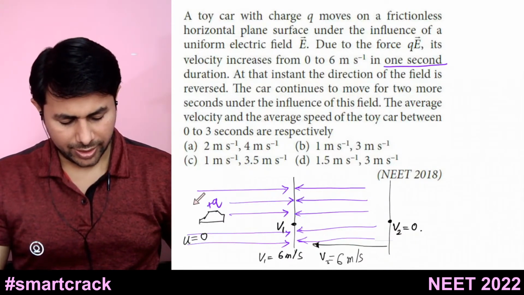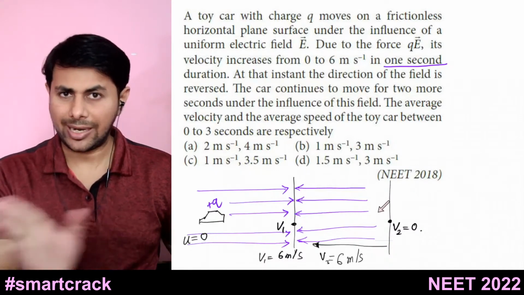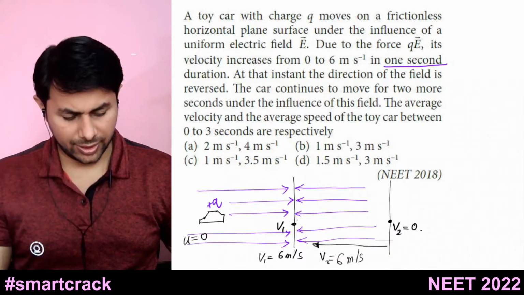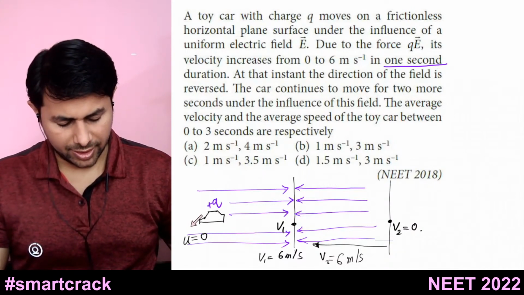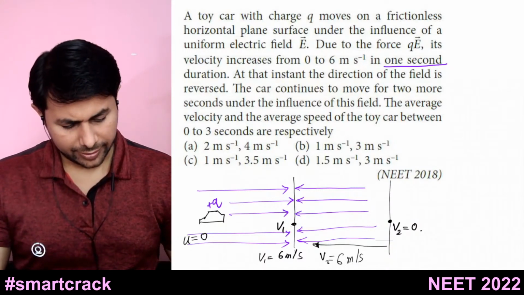It goes from here to here, from here to here, and then in the backward direction it comes back and stops at this point. So let's find out how much the displacement is. Displacement is this much only, because this is the starting point and this is the end point of the total motion.